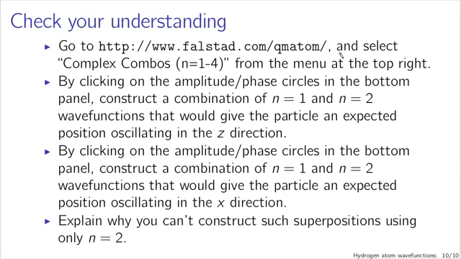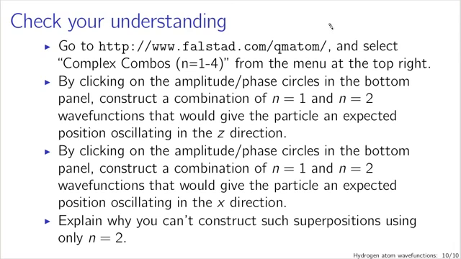To check your understanding of what the hydrogen atom orbitals look like, here are a couple of things that you can try using the simulations at Falstad.com. He has a hydrogen atom orbital visualization tool, and you can use it to make complex combinations.